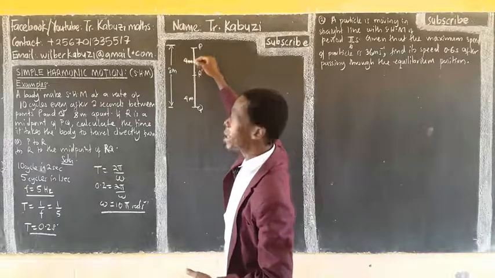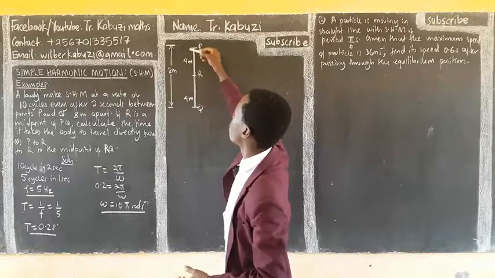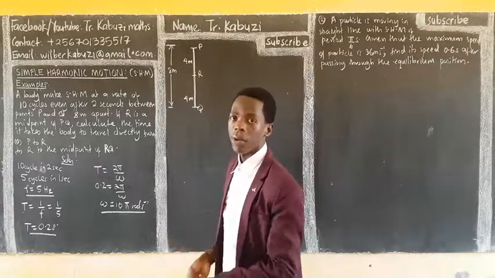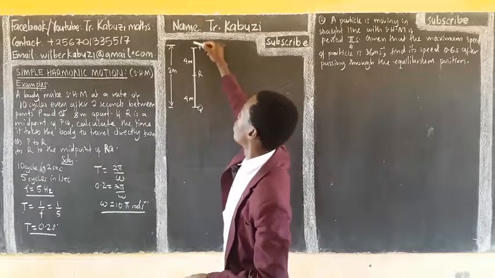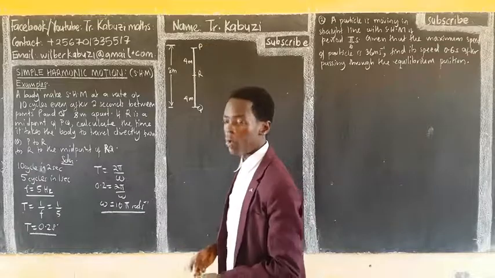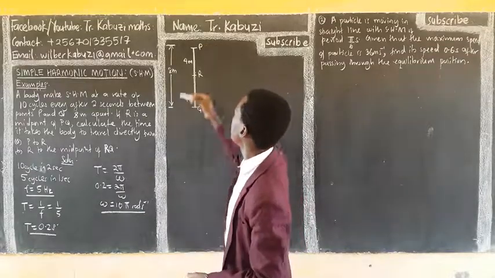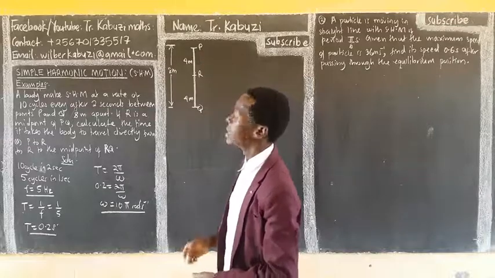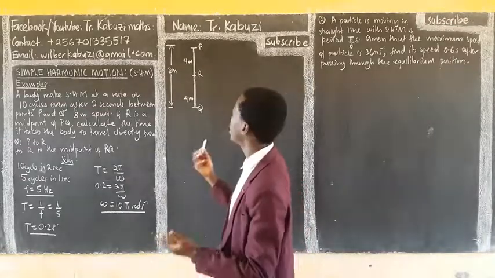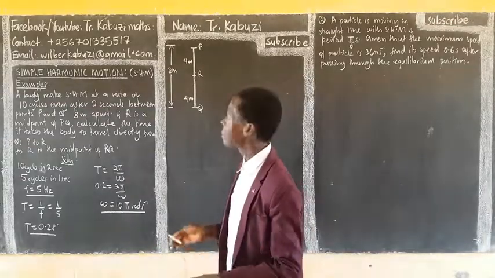So to get a full cycle, you come up to here, then you go back. The time it takes for us to make a full cycle is the period, which we have as T. So coming from here to here is a quarter of the period. As simple as that.